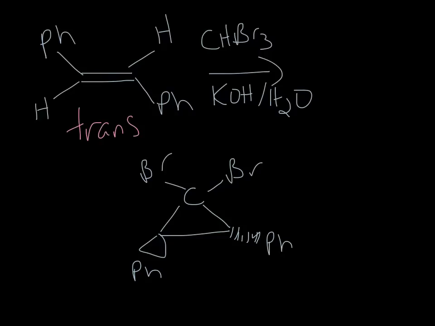So here I'm trans, and there I'm trans. If your alkene has a certain stereochemistry associated with it, cis or trans, it will remain that way after the reaction is over. That's because this is a concerted one-step addition of the carbene to the alkene, so the stereochemistry remains the same. We'll go to the next slide and look at what's happening there.